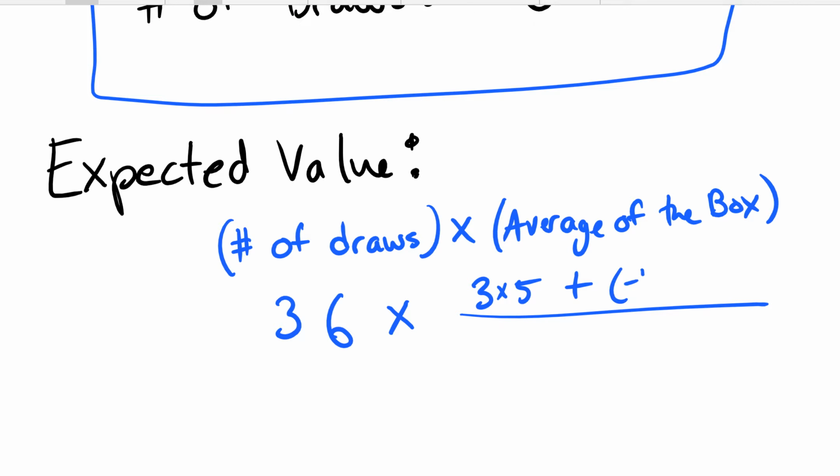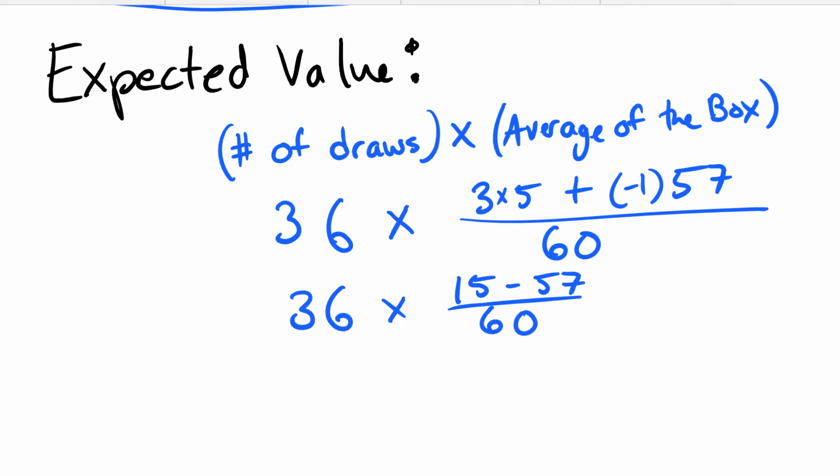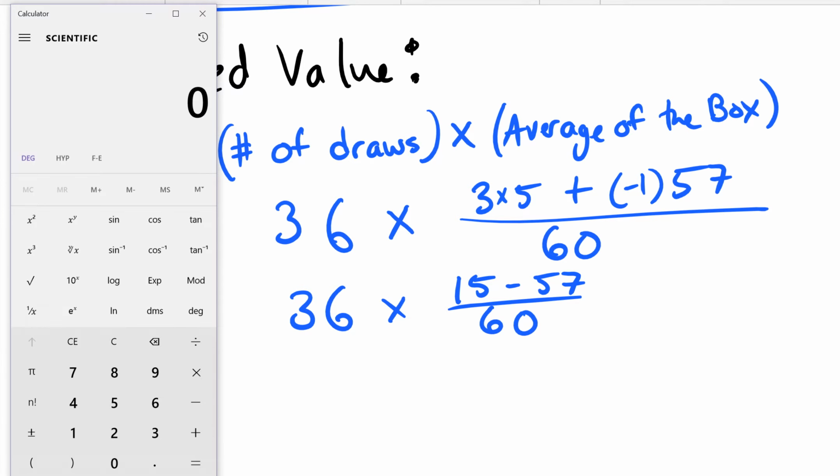So that's minus 1 times 57, and we'll divide by the total number of tickets in the box, which is 60. So 36 times (15 minus 57) divided by 60. Using the calculator, 15 minus 57 is negative 42, divide by 60, and multiply by 36.